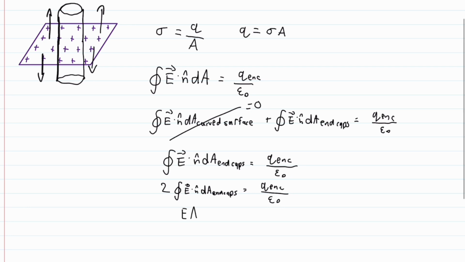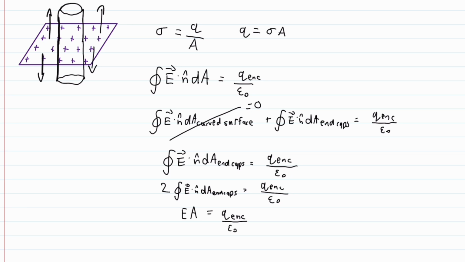E times A equals Q enclosed over epsilon naught. So now this is where we bring in the surface charge density into the equation.